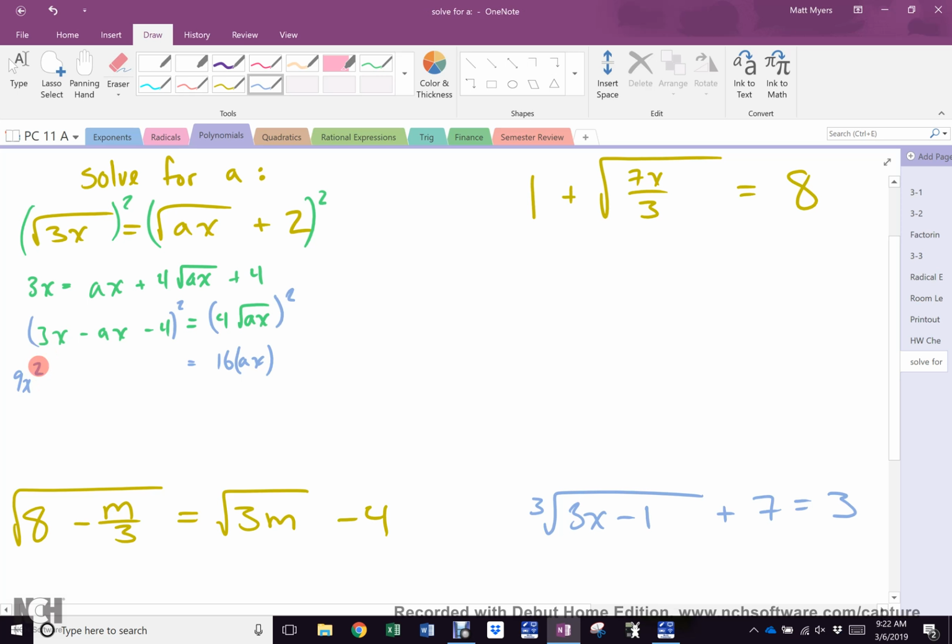I'm going to run out of room. I need more room.